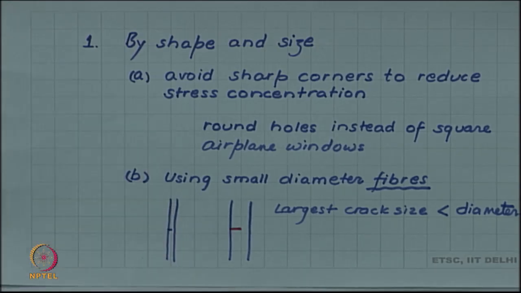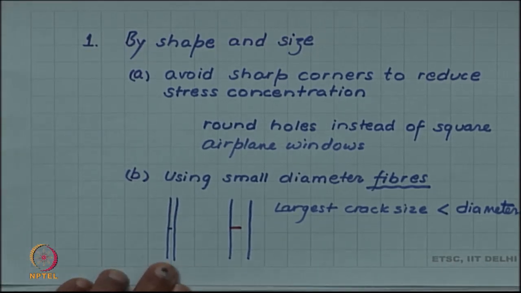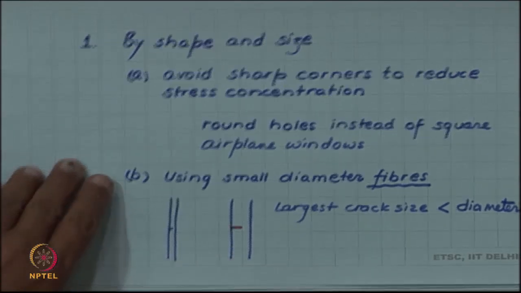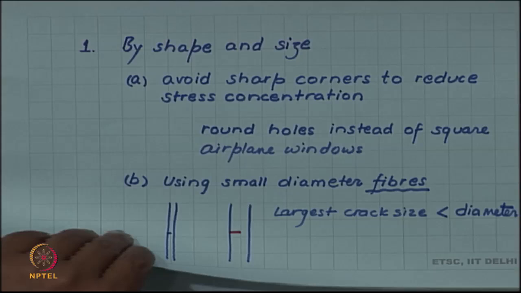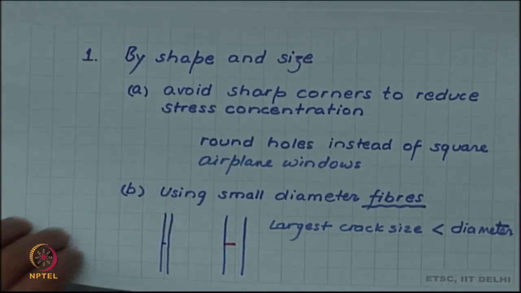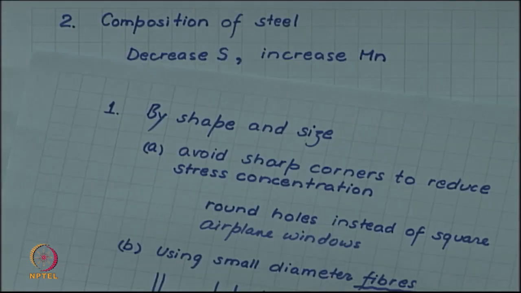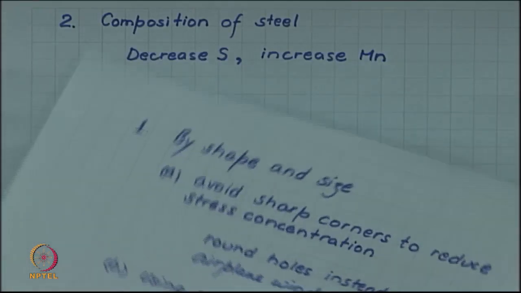So, in the statistical sense, there will always be smaller cracks in a small diameter fiber than in a large diameter fiber. That is why we always use thin wires for reinforcing composites.